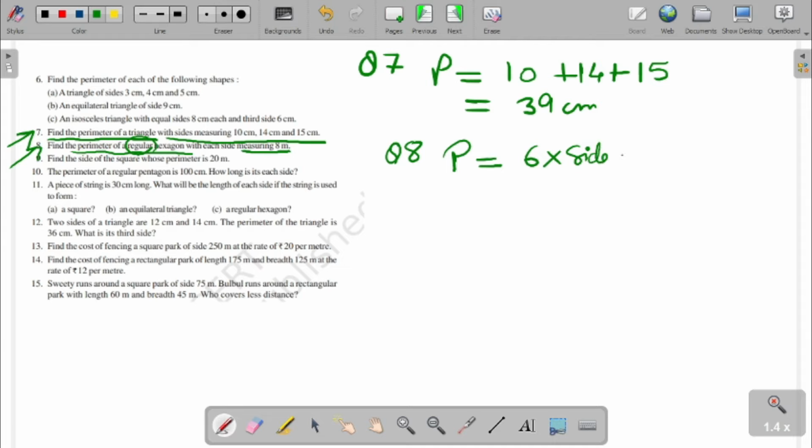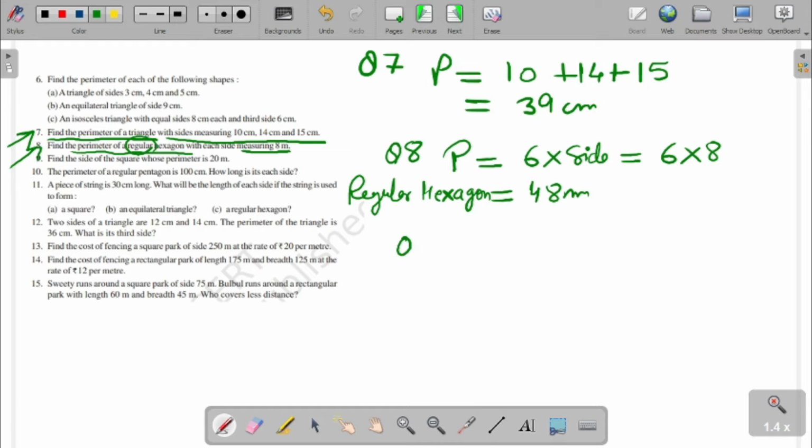And it is given that side is 8. That is 6 into 8, or we can say 48 meter. This is the perimeter of a regular hexagon. This is question number 8.